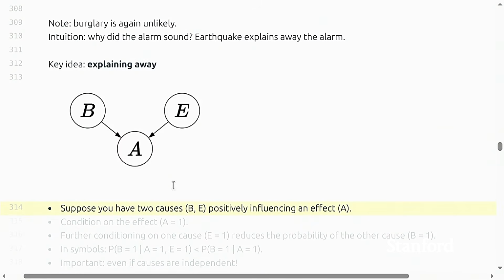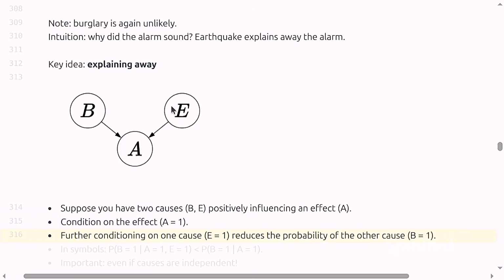So the general idea is that you have two causes. In this case, it's a burglary and earthquake, positively influencing an effect, A. So if you condition on an effect, and then you further condition on one of the causes, that reduces the probability of the other cause. In other words, E explains away the evidence, and you don't need the other cause to explain.